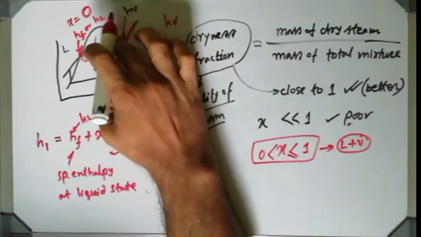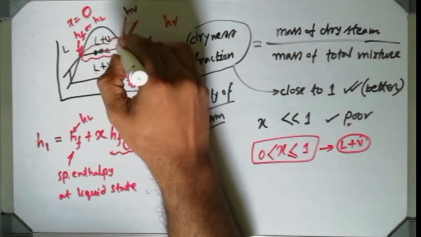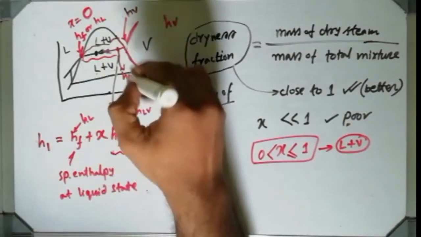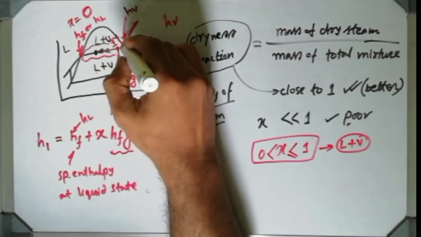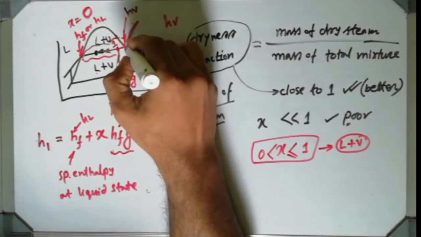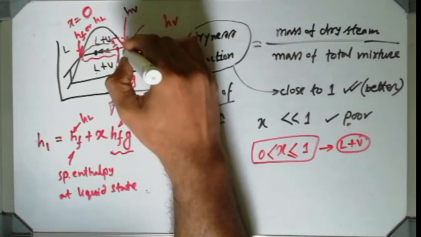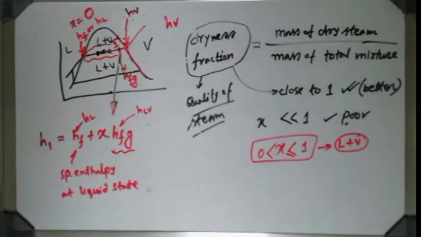If I make this a little clearer, here is the point where I am finding the enthalpy, it is 1, and that is the point where the HV I am talking about lies.